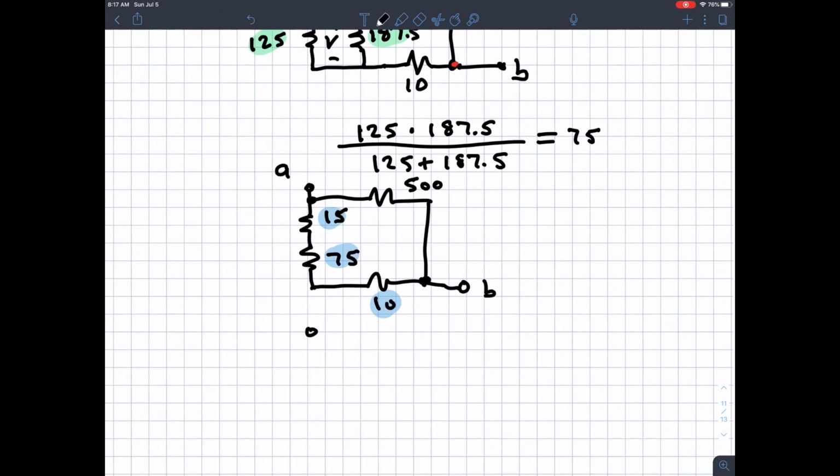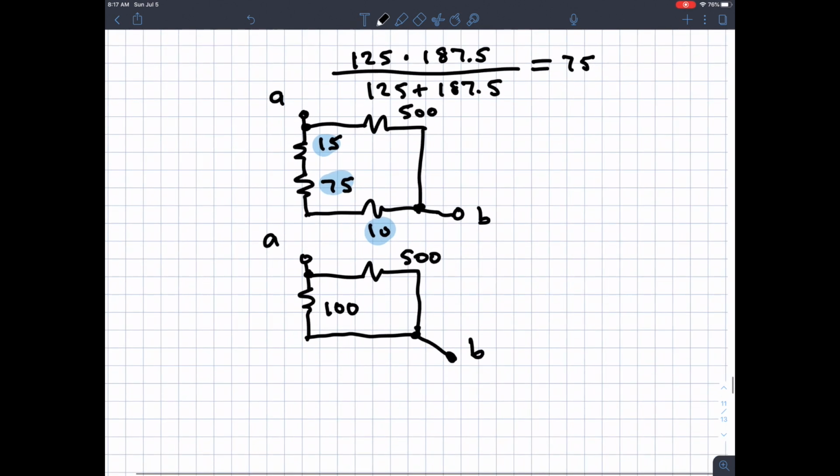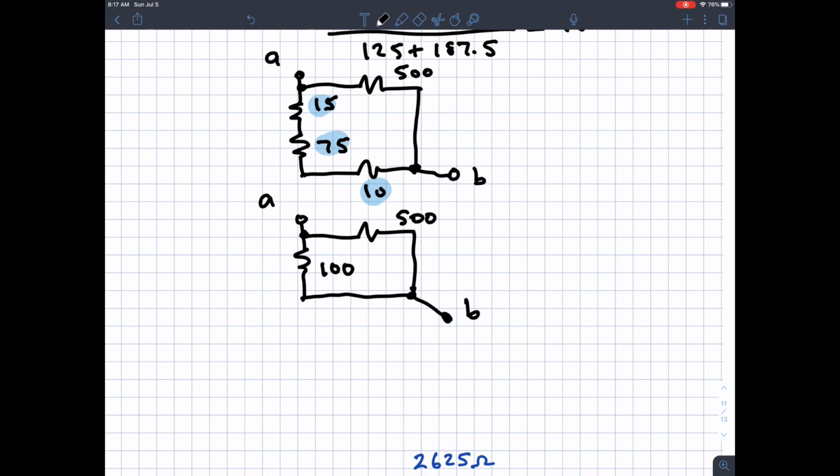I can make that reduction, and that would be 100. And then on this branch, I still have the 500. And here's port B, or location B.